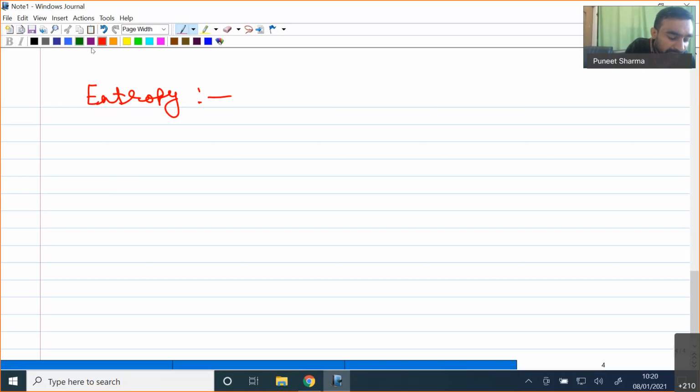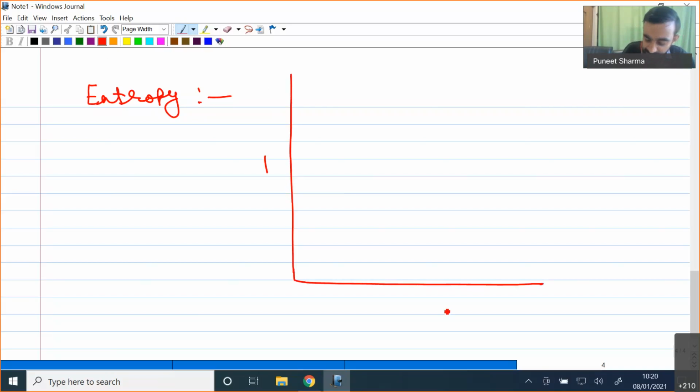Let me plot another kind of diagram, which I will call the temperature entropy diagram. Earlier you have seen me plotting pressure-temperature and pressure-specific volume diagrams only. Today I am plotting the diagram between temperature and entropy.